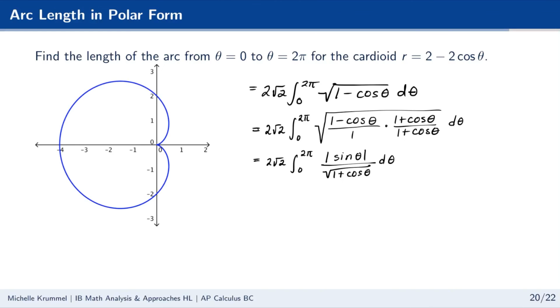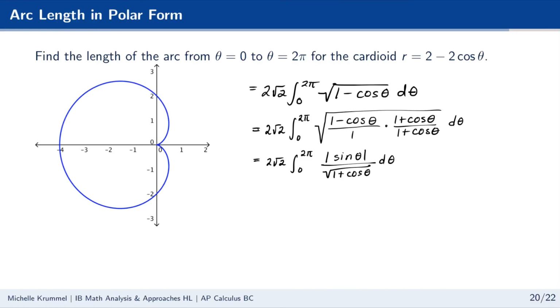But it looks like we can do a u substitution here, and we needed to figure out how to drop the absolute value. To drop the absolute value, we want to exclude the interval where the sine function is going to be negative. Sine is going to be positive from 0 to π. It's going to be negative from π to 2π.